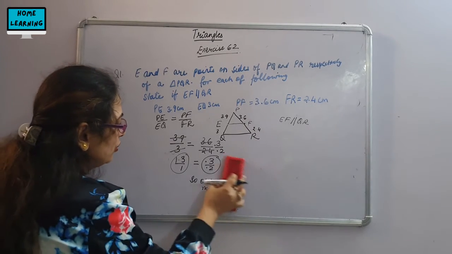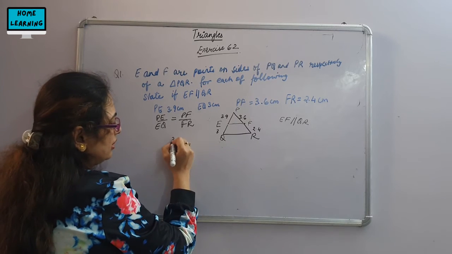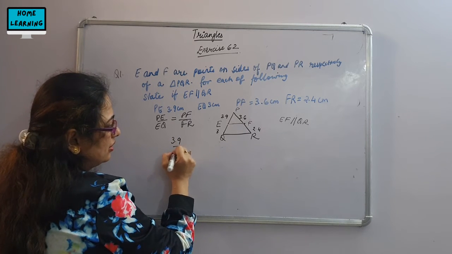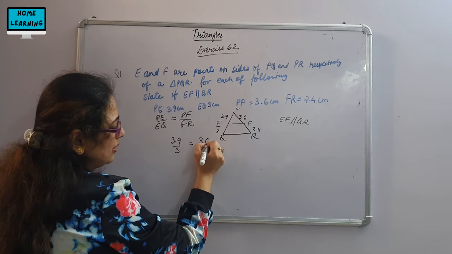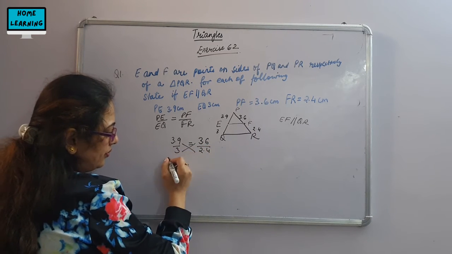The other way to solve this is cross multiplication. 3.9 upon 3 is equal to 3.6 upon 2.4. Cross multiply.